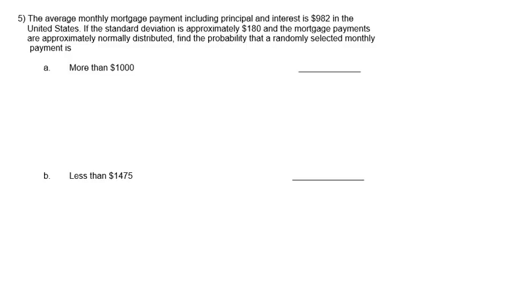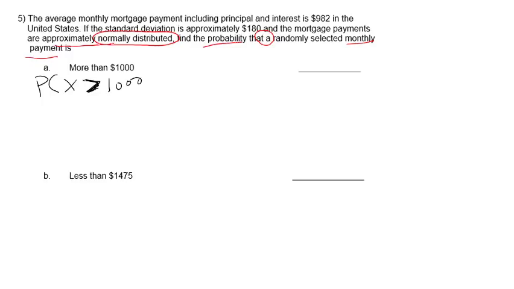We are asking the probability a monthly payment is something, and this monthly payment is normally distributed. In other words, we need to get directly to the table. This problem A is asking us the probability that X is larger than 1,000.